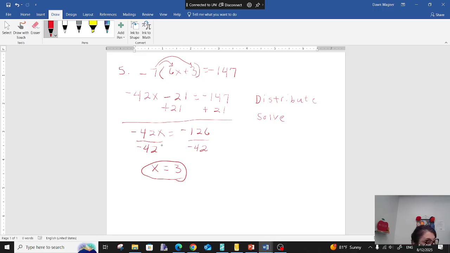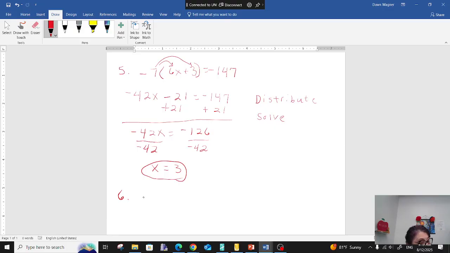However, number 6 and 7 are different. Number 6, we do have stuff outside the parentheses. Do you see that? So we have added steps. We're going to have to distribute, but then we're going to have to combine our like terms.